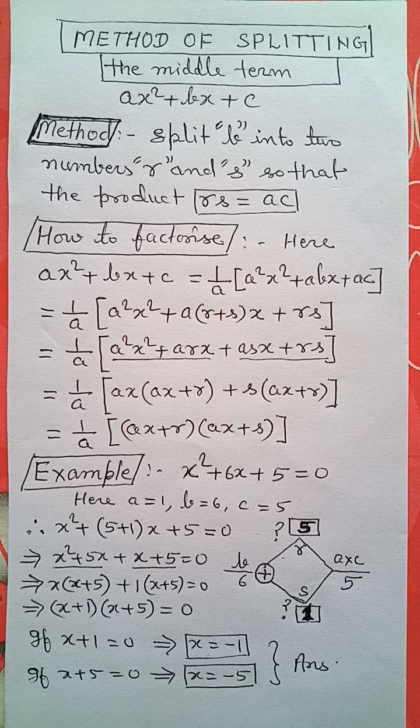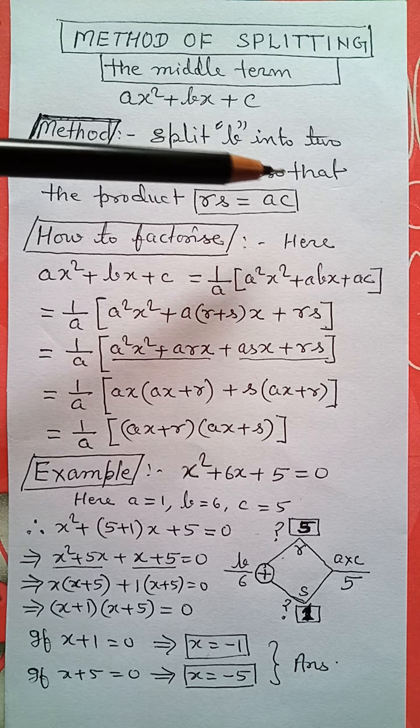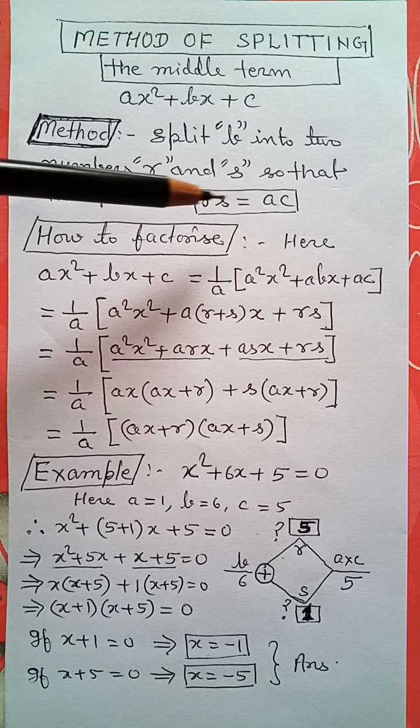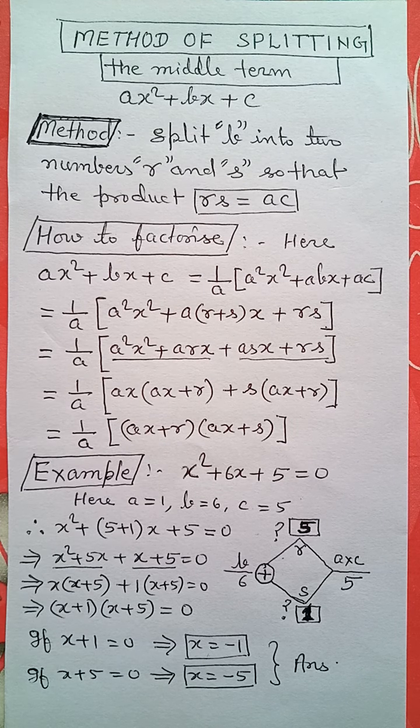Therefore, the method is: split b into two numbers r and s, so that the product rs is equal to ac.